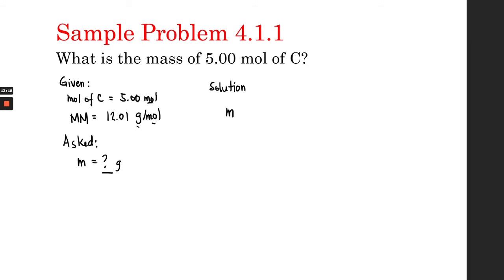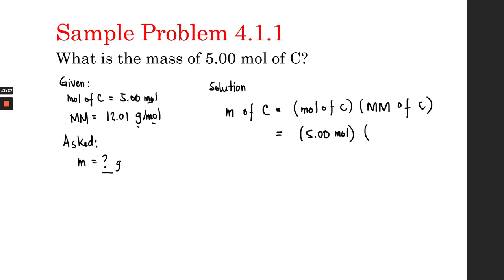In order for me to find the mass of carbon, what I need to do is multiply the moles of carbon by the molar mass of carbon. So that is equal to 5 moles multiplied by 12.01 grams per mole. So the mole gets cancelled.